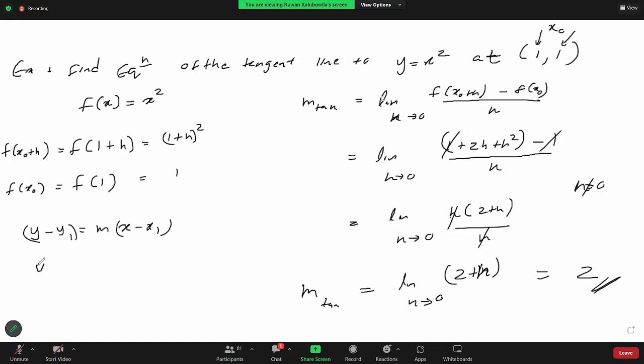So apply it here. y minus 1 equals m, which is 2, times x minus x1, again here 1. So you can solve this. 2x minus 2, here negative 1, it comes to positive 1, y equals 2x minus 1, right? So this is the answer for this equation. So the equation of the tangent line is here. This is the slope of the tangent line. If you come to this point, then you can write down the equation of the tangent line.